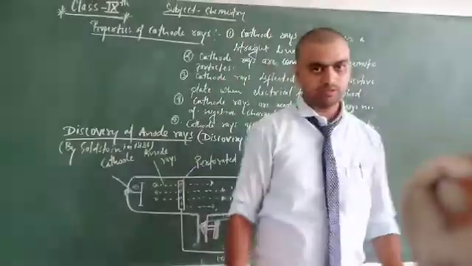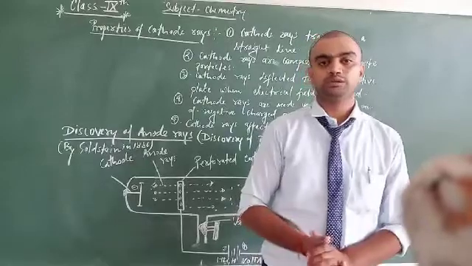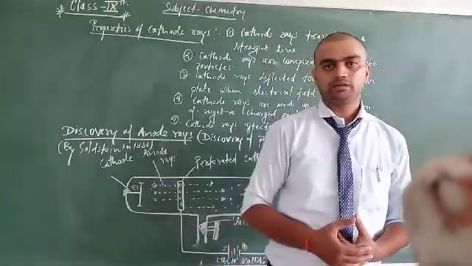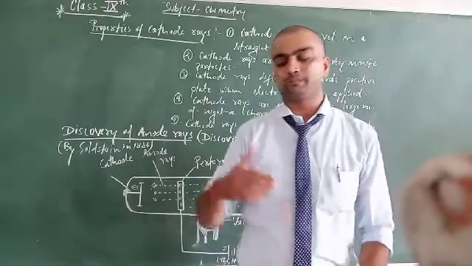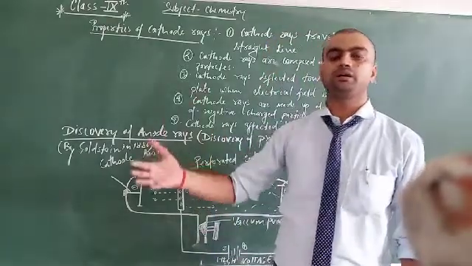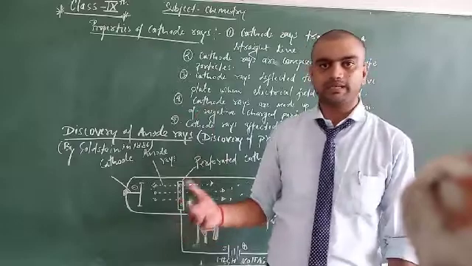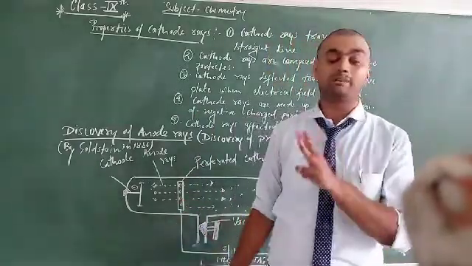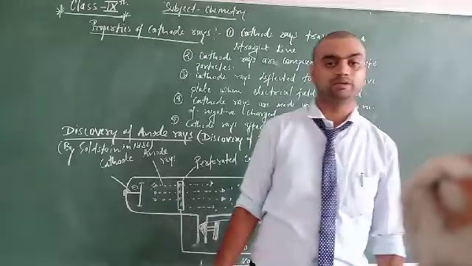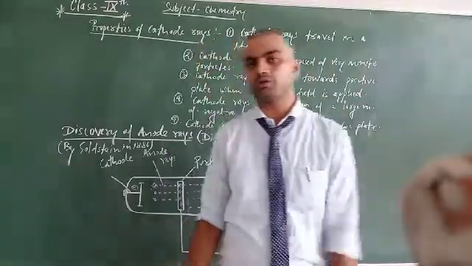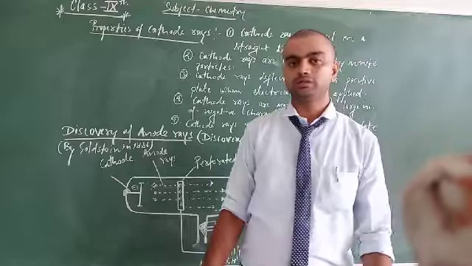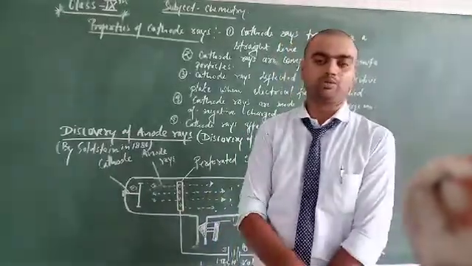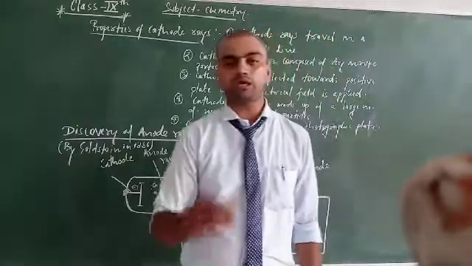First we have to know how scientists predicted the presence of another kind of fundamental particle, the proton, because you know already that three fundamental particles are present inside the atom: electron, proton and neutron. We talked about the electron just 2 minutes ago. Now we are talking about anode rays, that is, the proton.